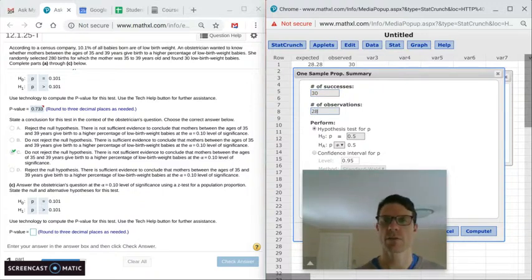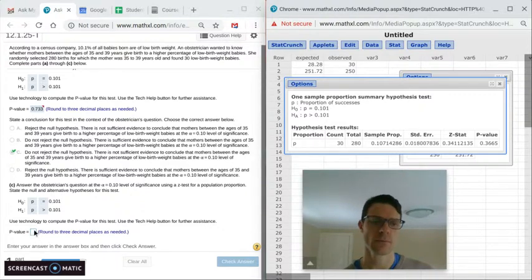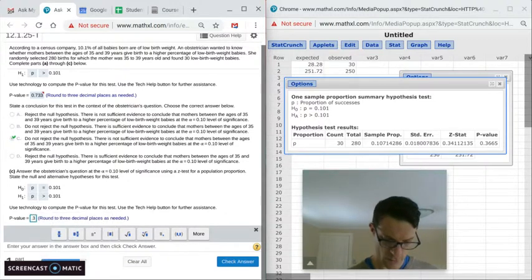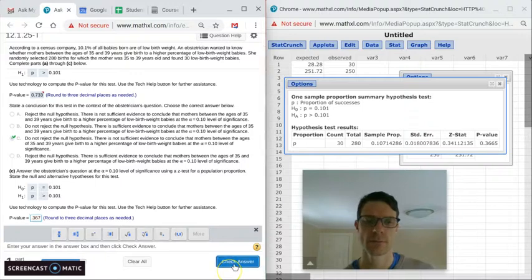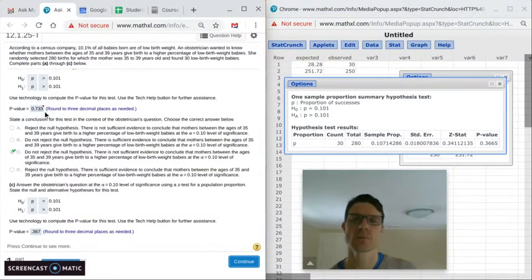Number of observations, there were 280 in the test. Our hypothesis is 10.1%, and the alternate hypothesis is that it's more than 10.1%. So we hit compute there, and then we just get 36, 30 there, which is interesting. So this is half of that.